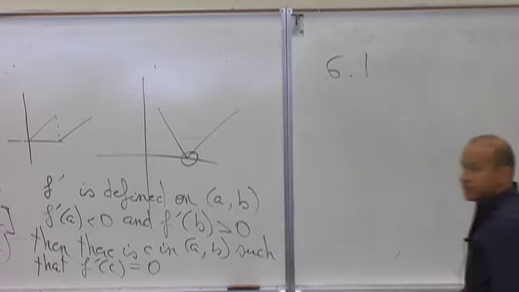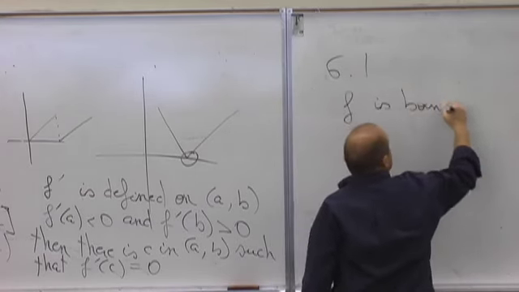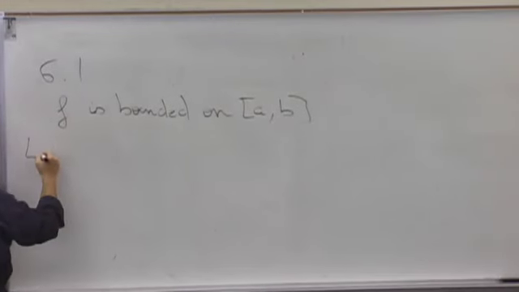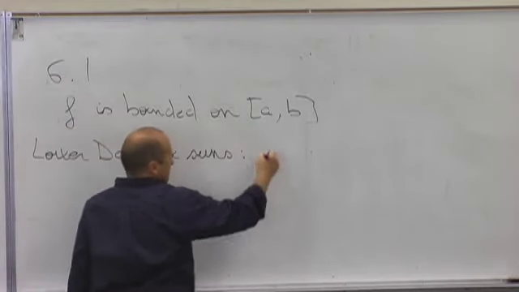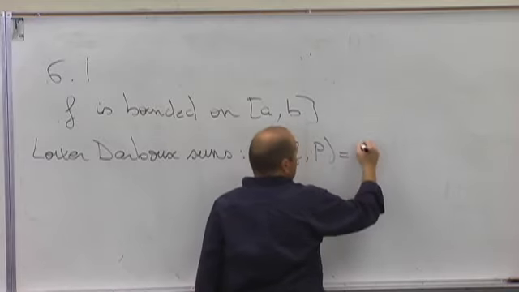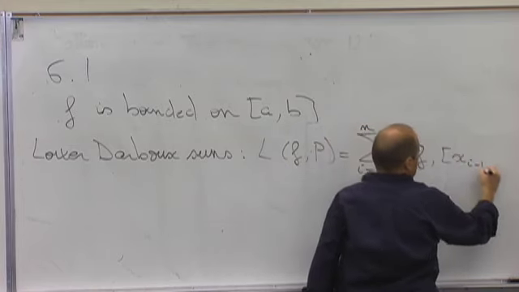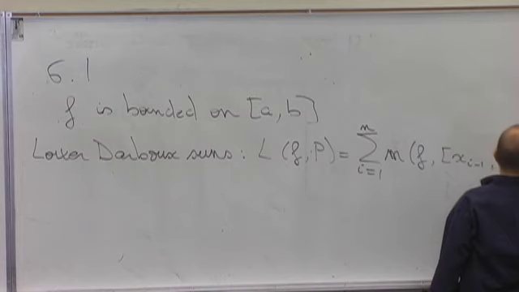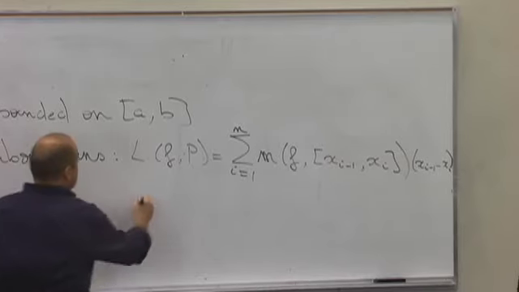So let me remind you a little bit what we did last time. We assume that our f is bounded on a closed and bounded interval AB, and we define the lower Darboux sums like this, and the upper Darboux sum like this.